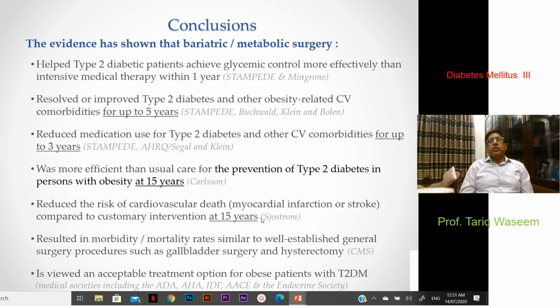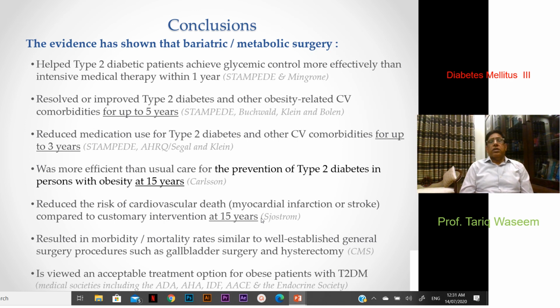So the evidence shows that bariatric or metabolic surgery has helped type 2 diabetic patients to achieve good glycemic control. There is improvement in type 2 diabetes, and not only obesity and diabetes but other related cardiovascular comorbidities were improved.